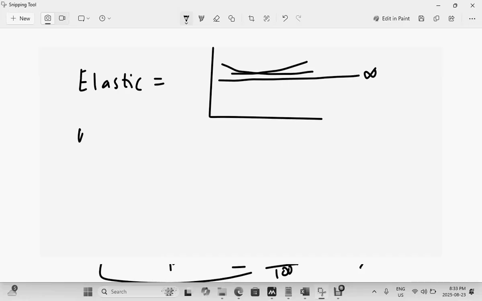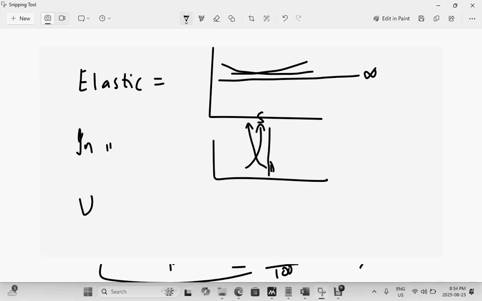If something is inelastic, this curve will be close to a vertical line. So suppose this is your vertical line. This will be your supply curve, and let's say this will be your demand curve. Notice the difference between these two curves.